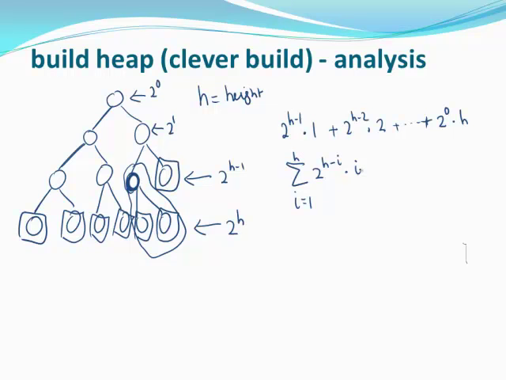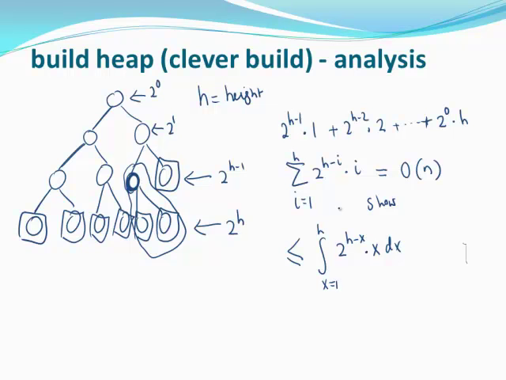So what we have is this summation, and we're going to leave it as a challenge to show that this summation is indeed big O of n. My suggestion is to think about this as a simple integral, since we know that this discrete sum can be bounded by an integral of this form, 2 to the h minus x times x dx, where x goes from 1 to h.